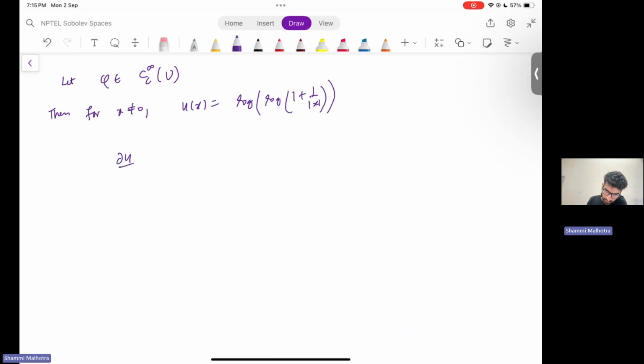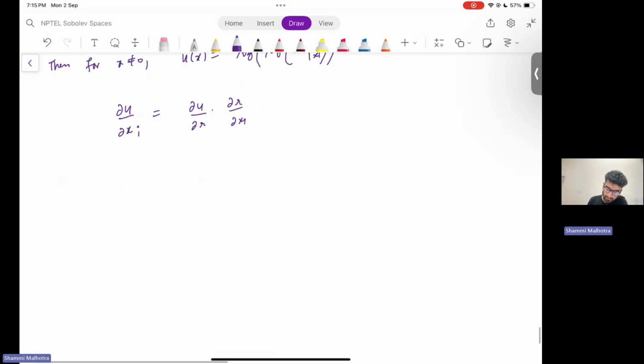Del u by del x i is nothing but del u by del r and del r by del x i, which is nothing but 1 upon log of 1 upon 1 upon mod x plus 1.